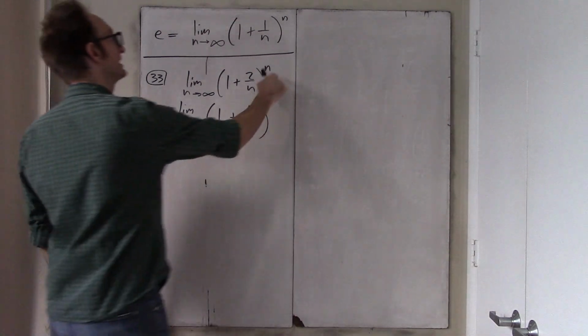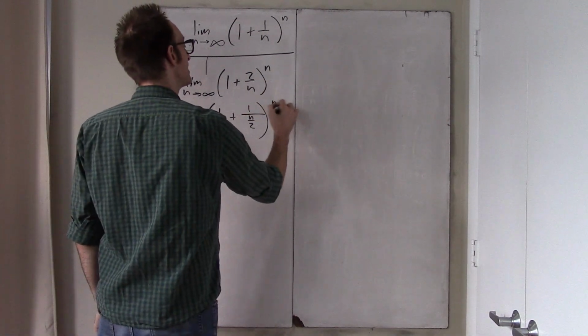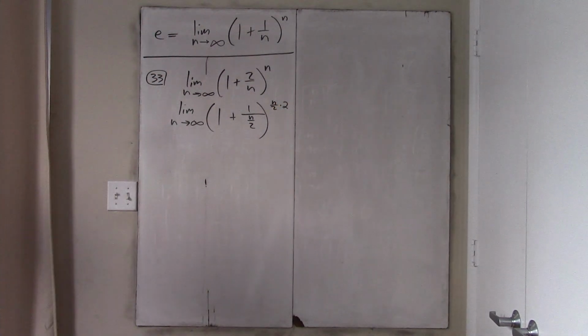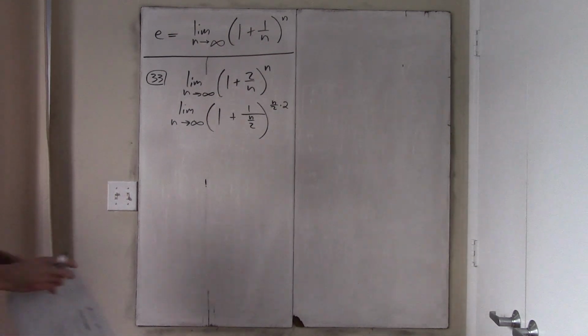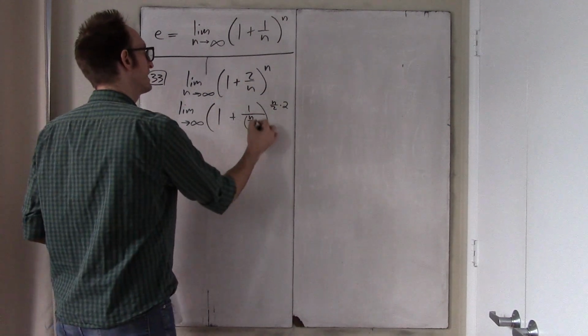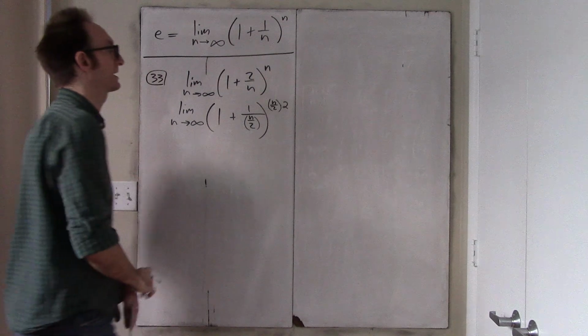And then let's rewrite n as n over 2 times 2. Why would I do that? Well, what these people are essentially suggesting you do is kind of change the variable. And so the person who wrote this packet now wants you to think of n over 2 as like the variable.